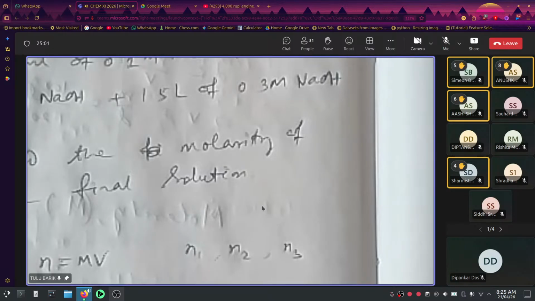So all these eight students have submitted: Simeon, Sarmishta, Divyasa, Ritesh, Adasi, Saina, Anushka, Susri. Susri, you solved it, beta? Yes, sir. Very good. So what is the answer?